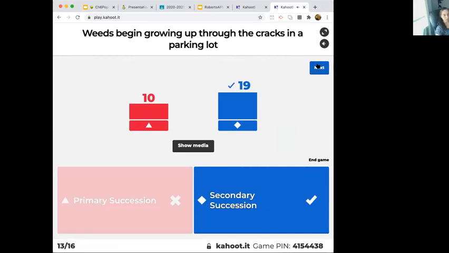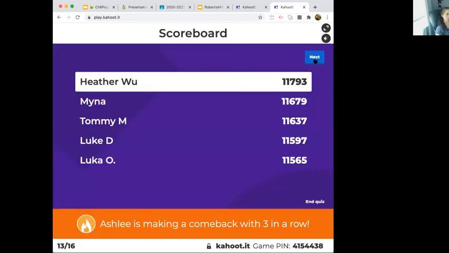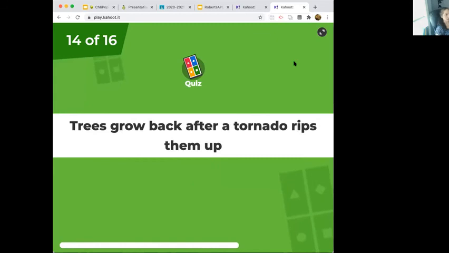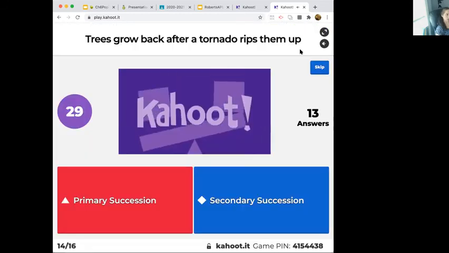Doesn't matter if some cement's over top of the soil, it existed there already. So the only thing that counts as primary is brand new bare rock, lava or glaciers. Trees grow back after a tornado rips them up. Right, this is gonna be for the win since we are running out of time.